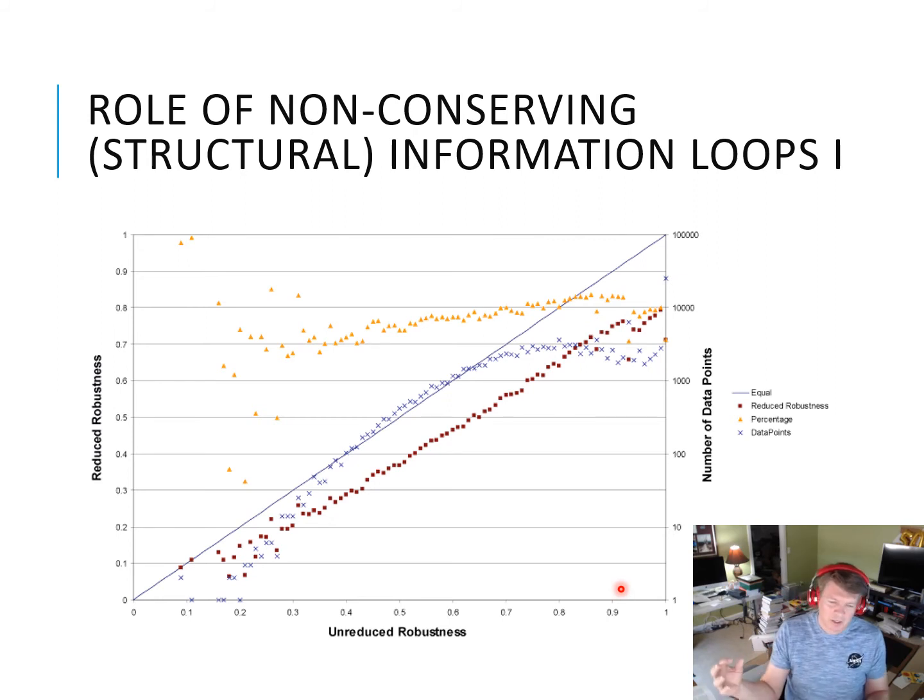So an external entity comes in and changes that one node state, but it has no impact. The system continues to evolve towards that same attractor. So again, it's robust to that one change.